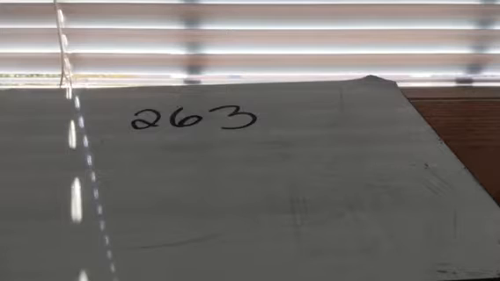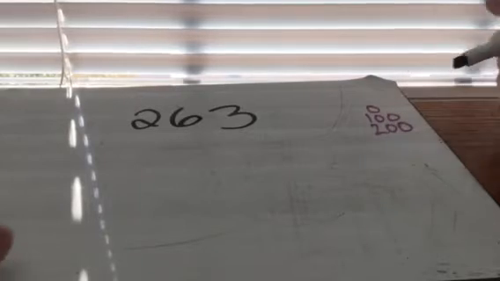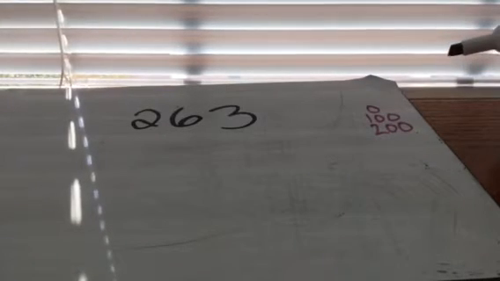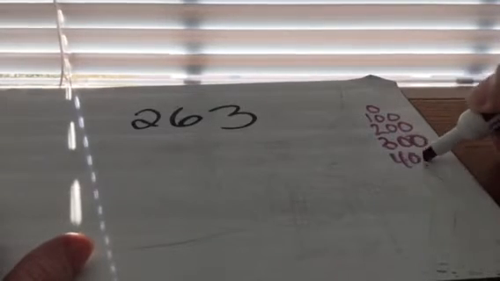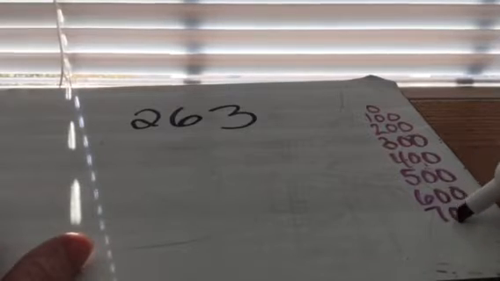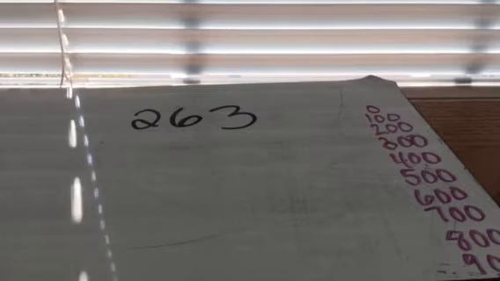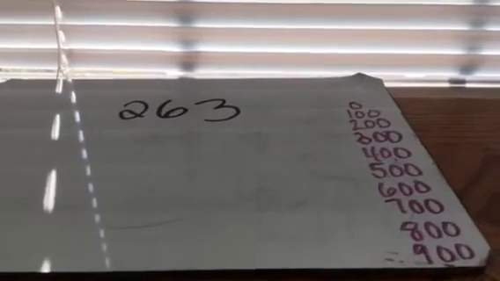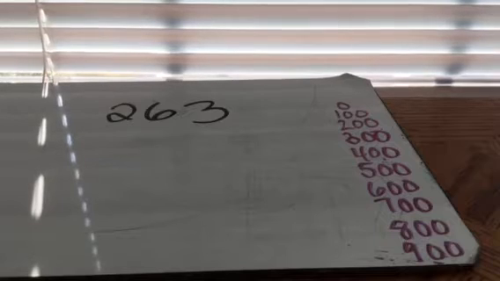So I need to think about, if I'm counting by hundreds, that's my 0, 100, 200. Where is 263? What is it going to be between? So I'll put these back up here for our reference: 600, 700, 800, and 900. So if I'm counting by 100, 263, what will it be between?